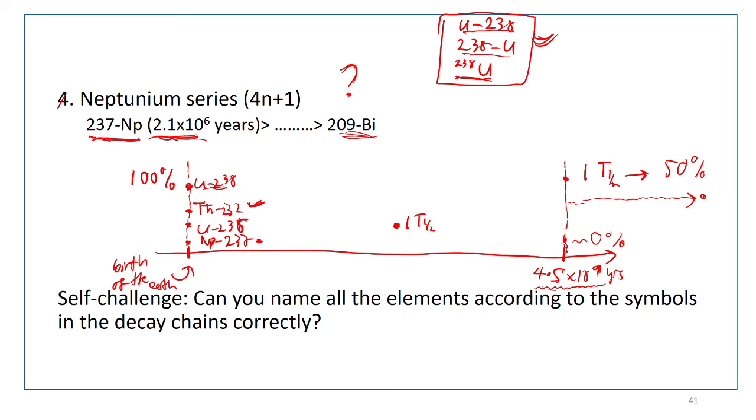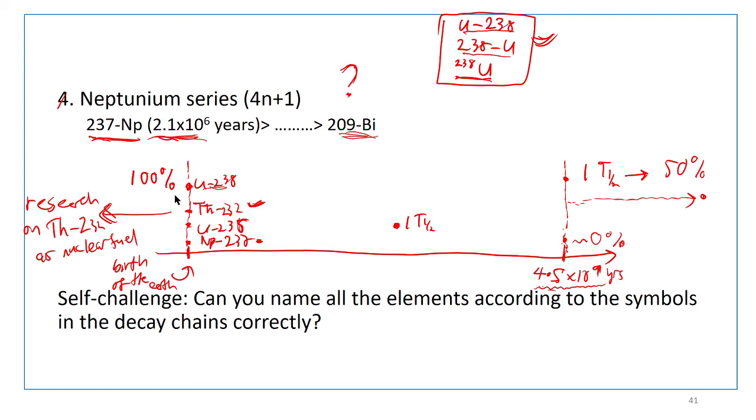So there is an abundance of thorium 232, which is why at the present time there is a lot of research on thorium 232 as a nuclear fuel, because we have a lot around the globe, but not in Malaysia, unfortunately.